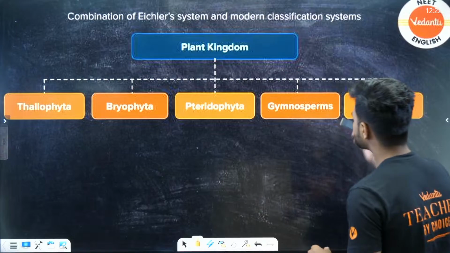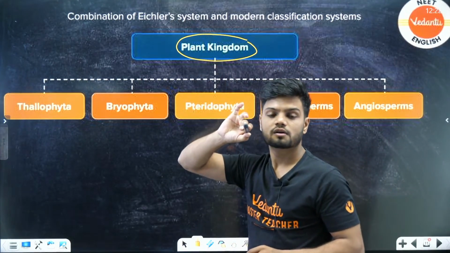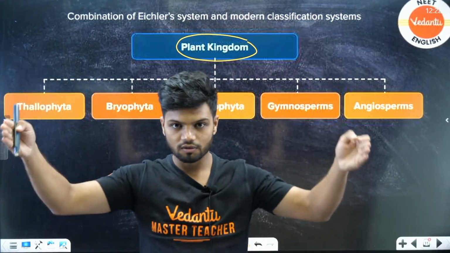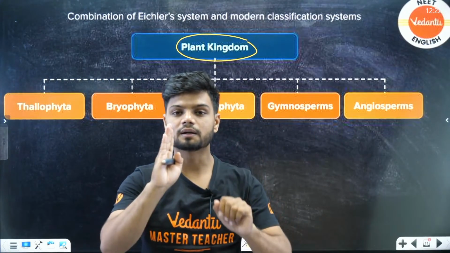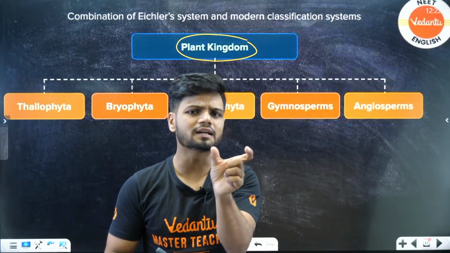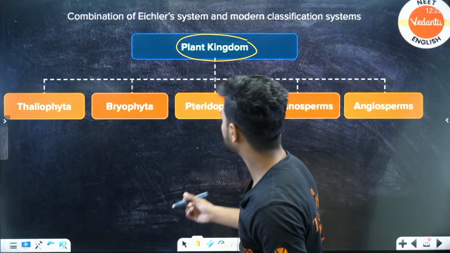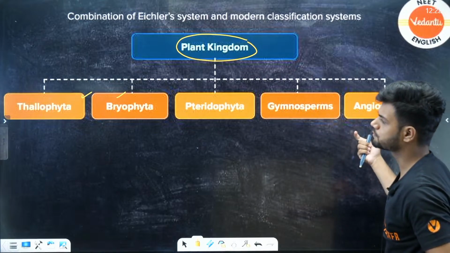Okay. Now let's understand your entire plant kingdom. Organisms are divided into kingdom Monera, kingdom Protista, kingdom Plantae, kingdom Animalia and kingdom Fungi. Your plant kingdom can also be further classified into many types. We have thallophytes, bryophytes, pteridophytes, gymnosperms and angiosperms.